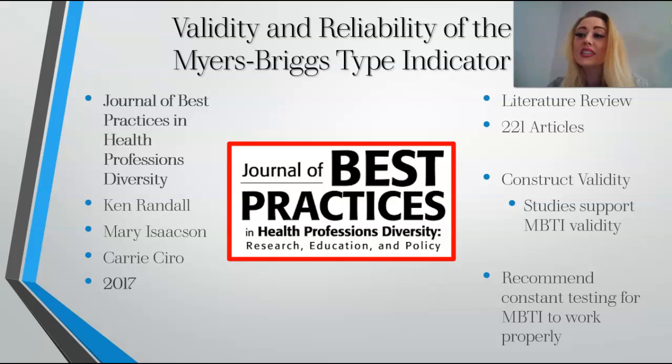The published works examined were limited to earlier versions of the MBTI instrument. 4 of the 7 studies identified did lend support that the instrument is a valid representation of the theory of personality preferences. The authors conclude that the MBTI should be constantly and continuously scrutinized and tested for validity. They warn that for the indicator to work properly, up-to-date evidence to support validity should be of the highest quality possible.